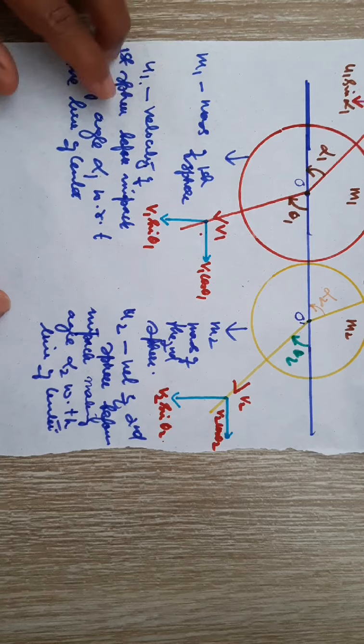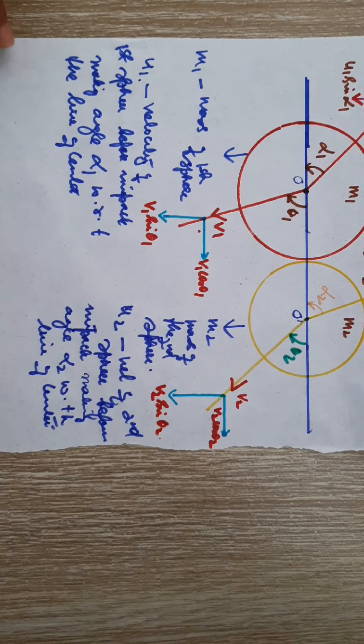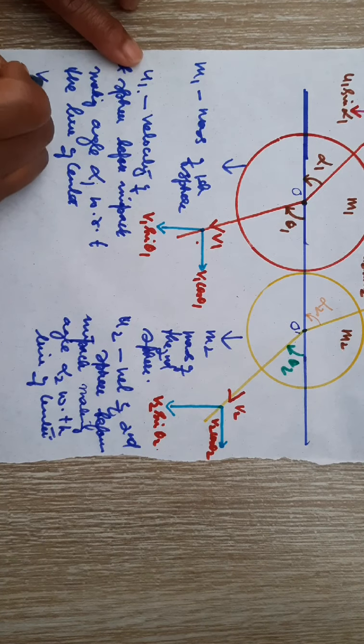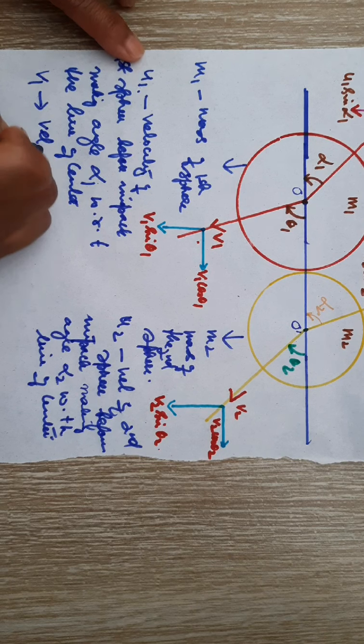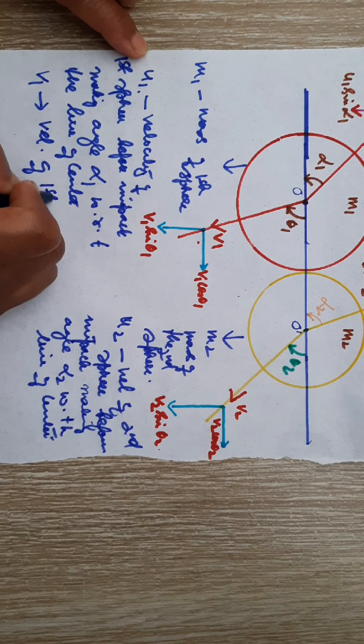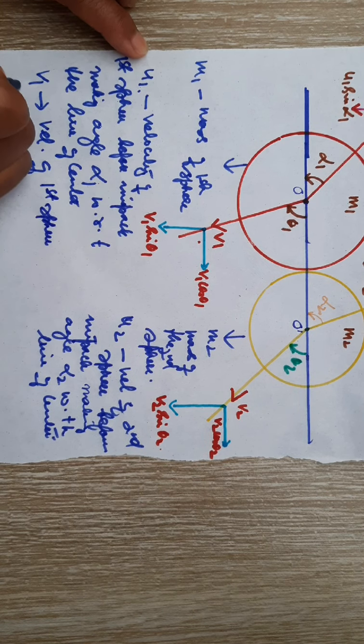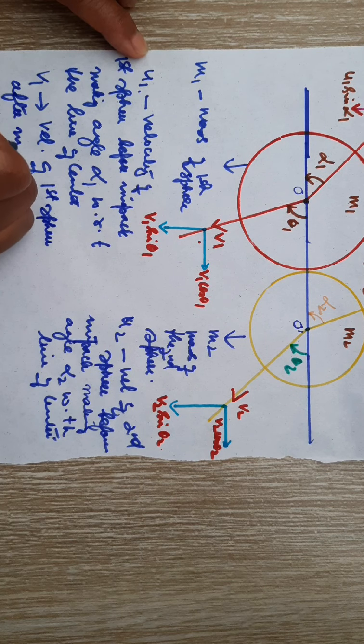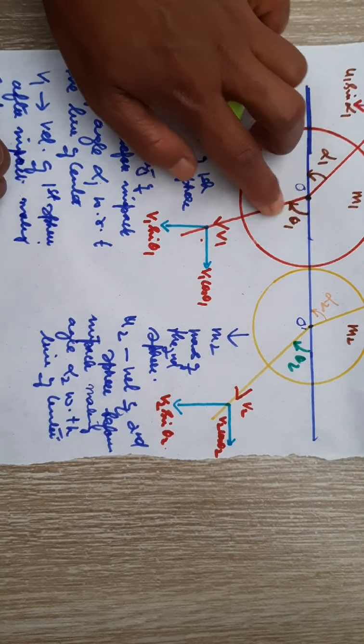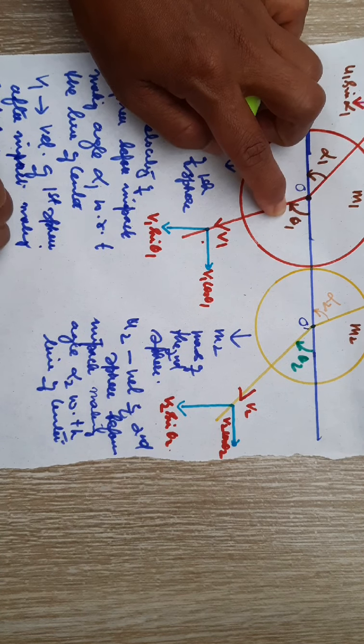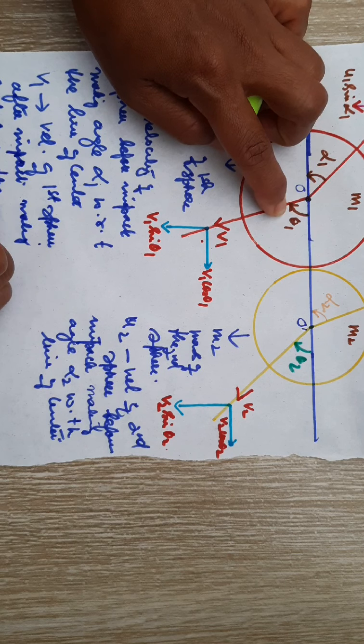Now next, after impact they will have another velocity. So let me take v1 to be the velocity of the first sphere after impact, making angle theta 1 with the line of centers.